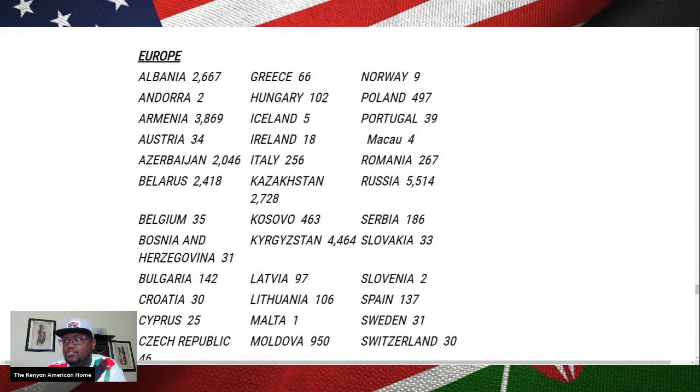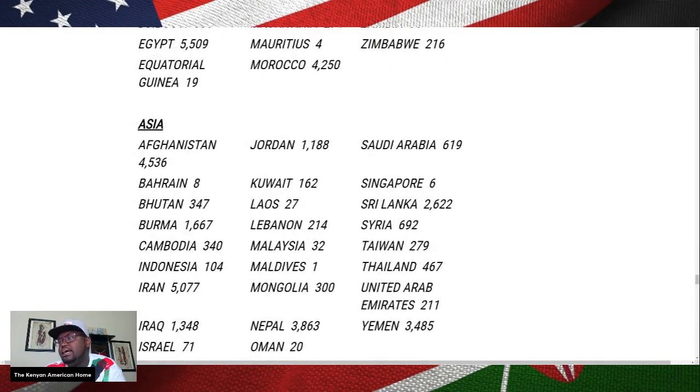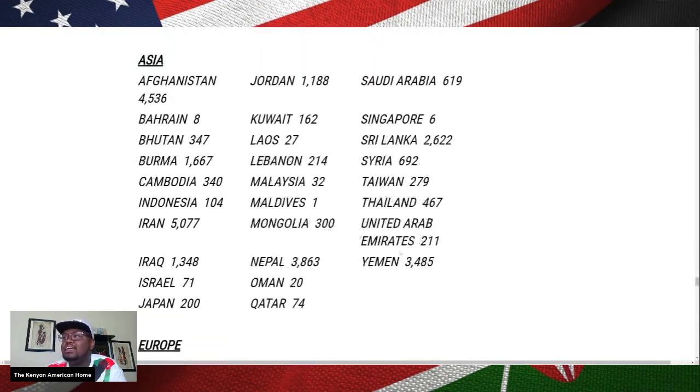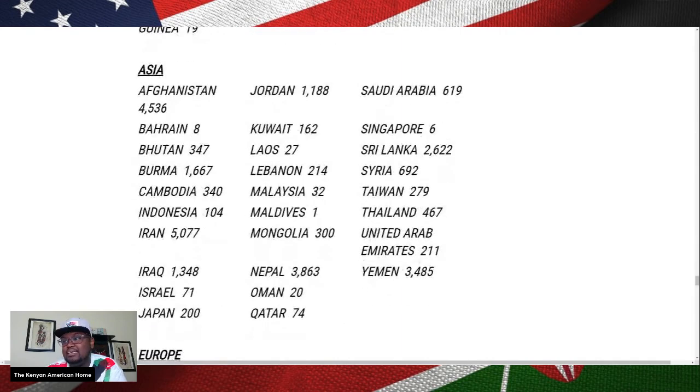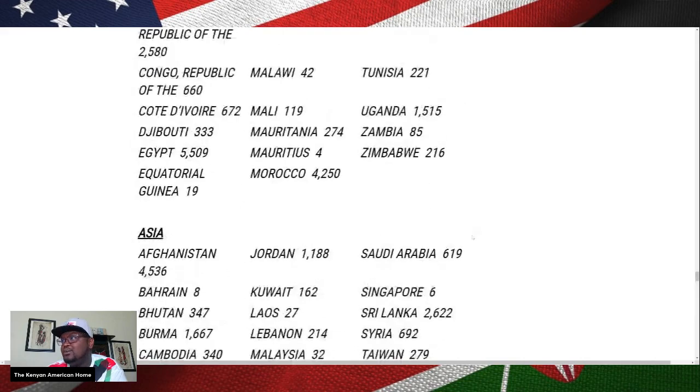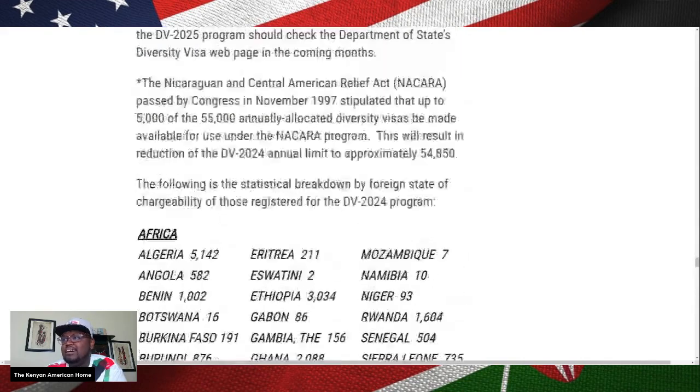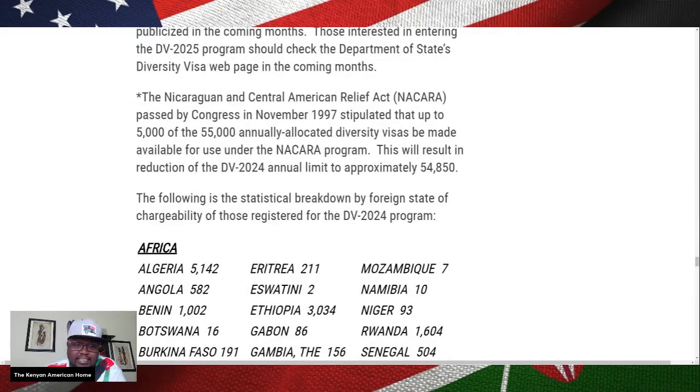You'll see a lot of people in Europe have big numbers. Asia has small numbers, which is surprising. Africa and Europe usually take the cake. So hopefully that helped you, Christina, to look at the numbers and how they went.